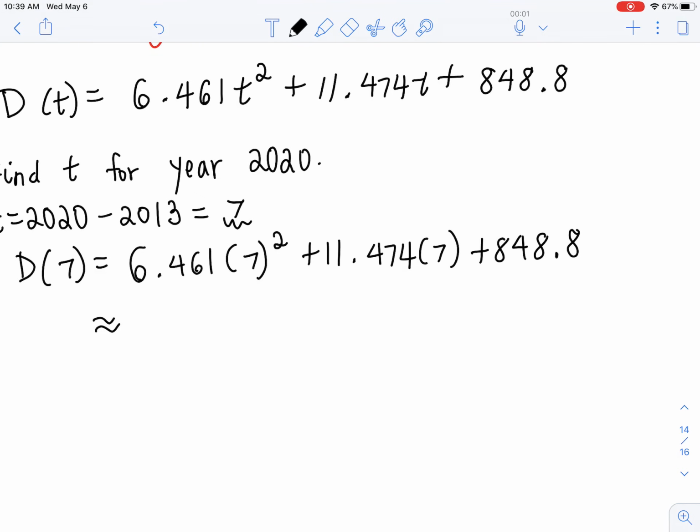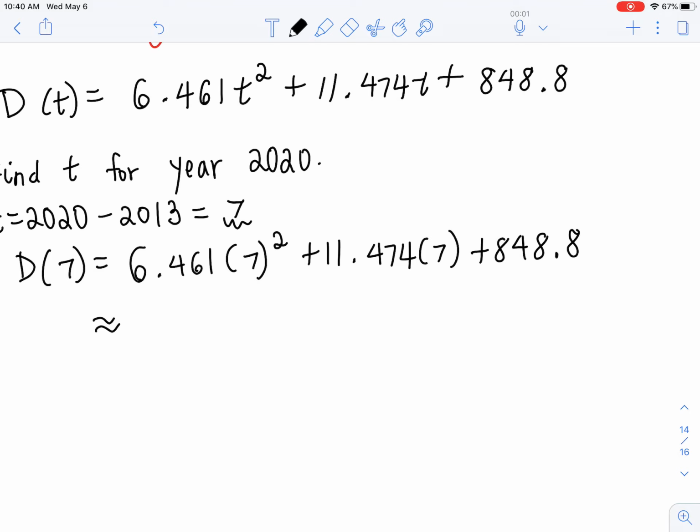Like in billions of dollars. Let me go ahead and figure out what that is by evaluating. You do the same thing: 6.461 times 7 squared, plus 11.474 times 7, last one is plus 848.8.